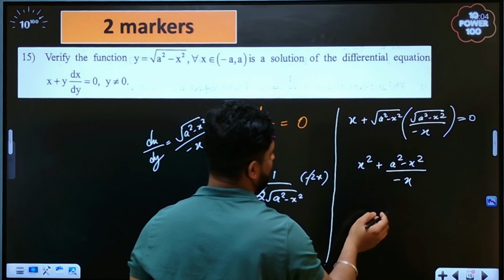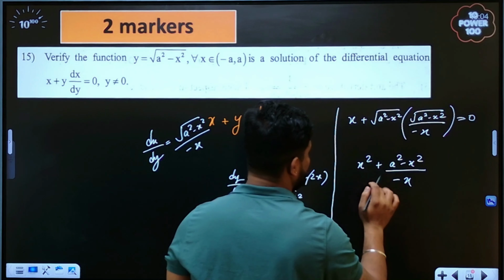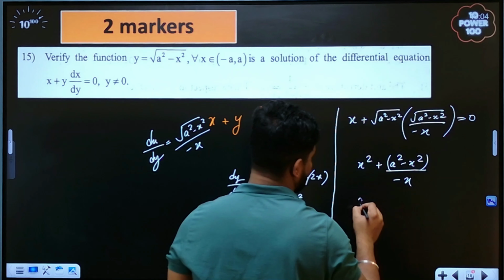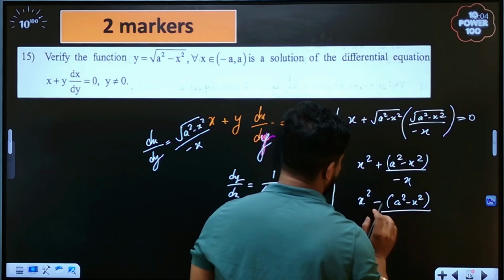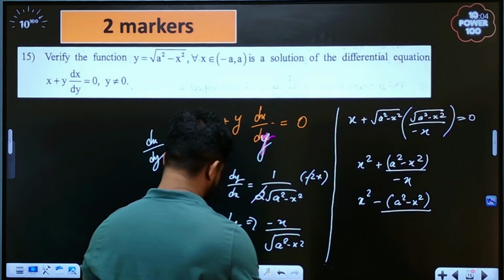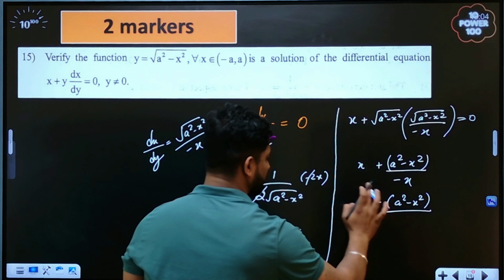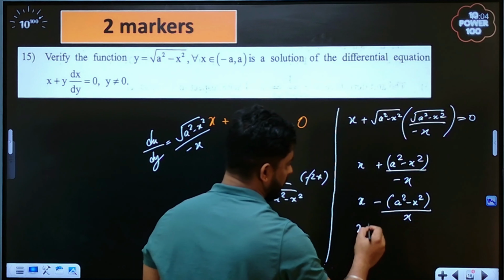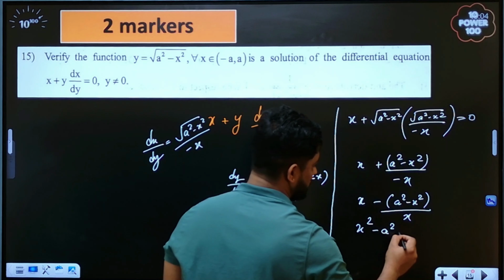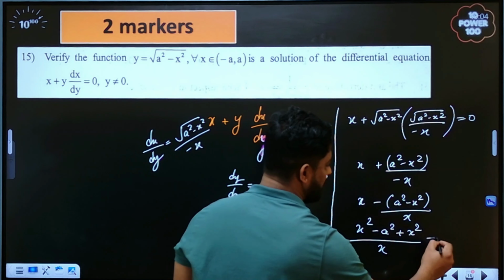So now multiply. Yeah, this becomes minus, no? So it becomes x square minus of a square minus x square. Not x square, sorry, here I made a mistake. So now we take x square minus a square plus x square divided by x. So this cannot be equal to 0.